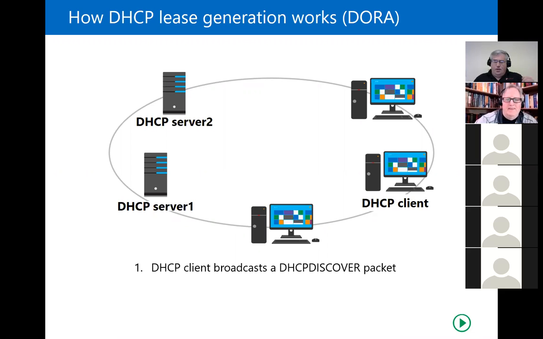story I was going to tell. In my previous job, we worked at a school system, and all of the computers are on DHCP, and we have a DHCP server. And one of the teachers decided they wanted to have wireless in their room, so they brought in a wireless router that had DHCP.